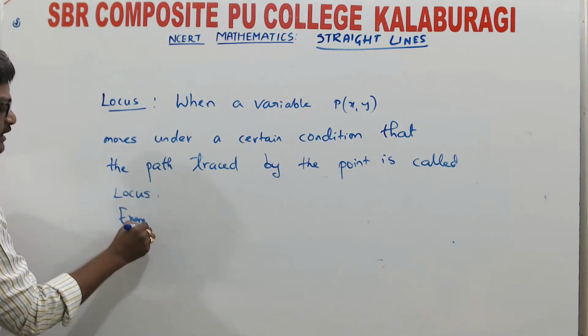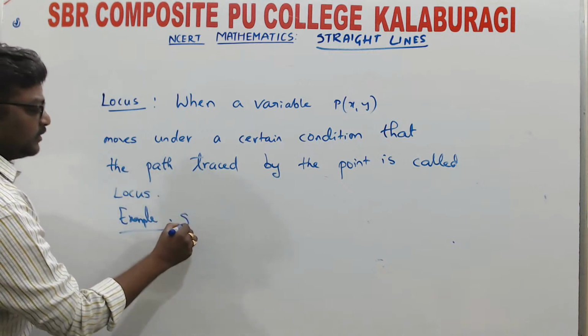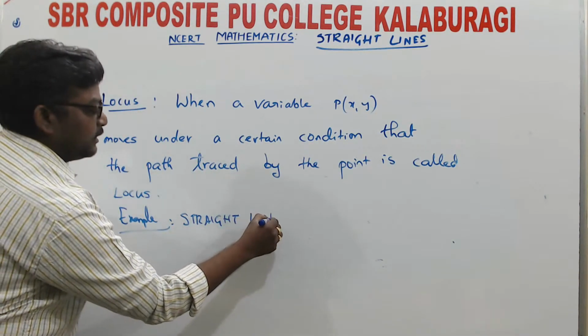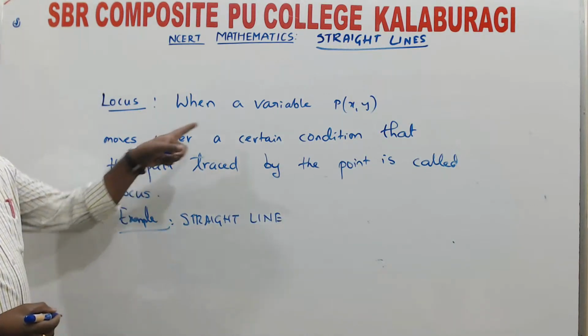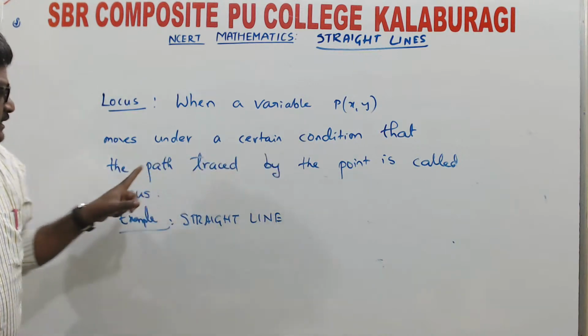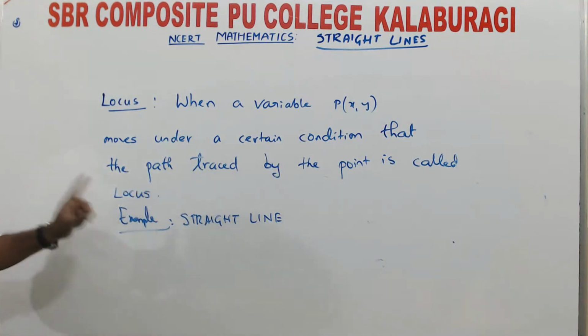Example, we can say a straight line, because when a variable point P (x, y) moves under a certain condition, the path traced by the point is called locus.